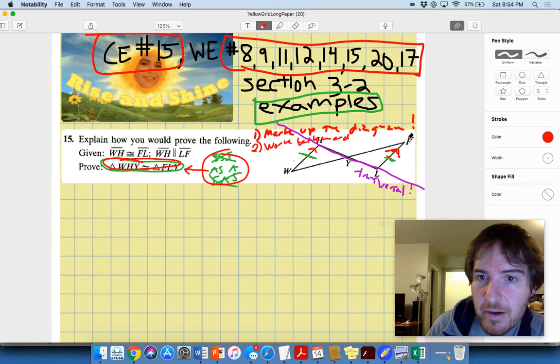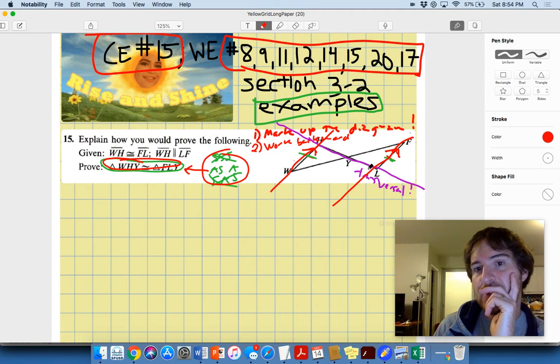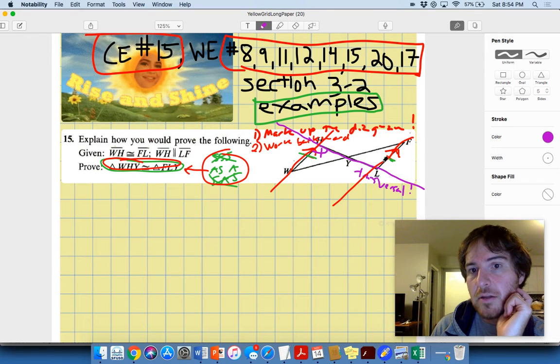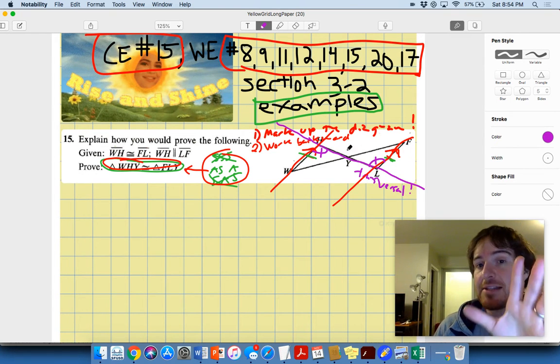I'm going to mark it bigger here, two parallel lines, okay? So that transversal is going to tell us that this angle right here, angle WHY, is going to have to be congruent to angle HLF. Why? Because they're alternate interior angles. Okay, so that's helpful there, right? That we have alternate interior angles.